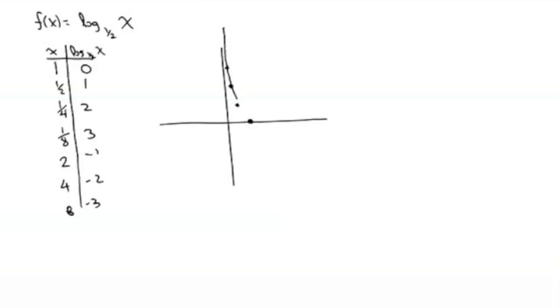And then when you hit 2, you're at -1, so you're down here someplace. 4, further out, -2, so you're a little bit lower. 8, way over here, -3, you're down here. So you get a graph that looks like that, which is flipped over the x-axis.